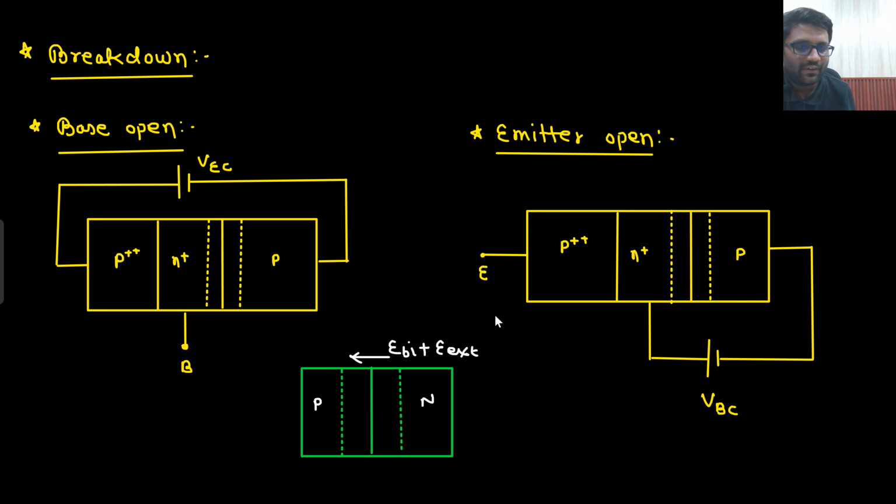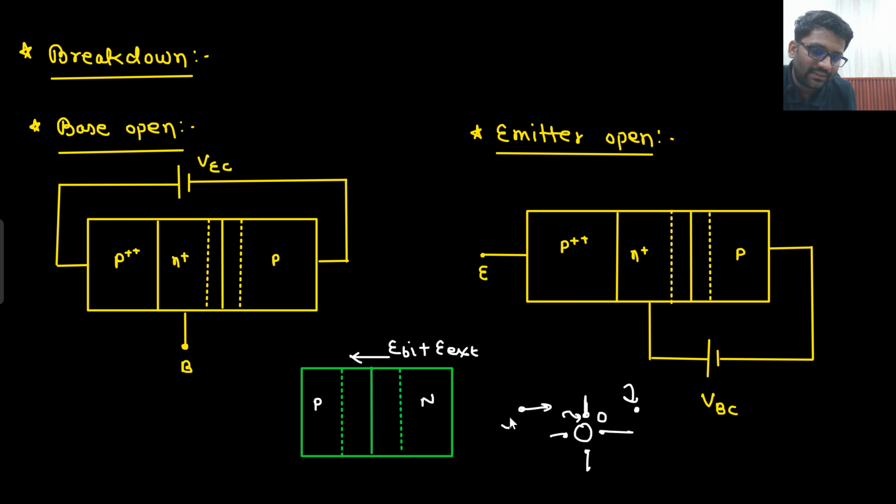Since this electric field has become very strong, what will happen? Inside the depletion region, the electrons that were present will get enough kinetic energy, and they will knock off the bound electrons. If these bound electrons are knocked off, then an electron hole pair will be generated.